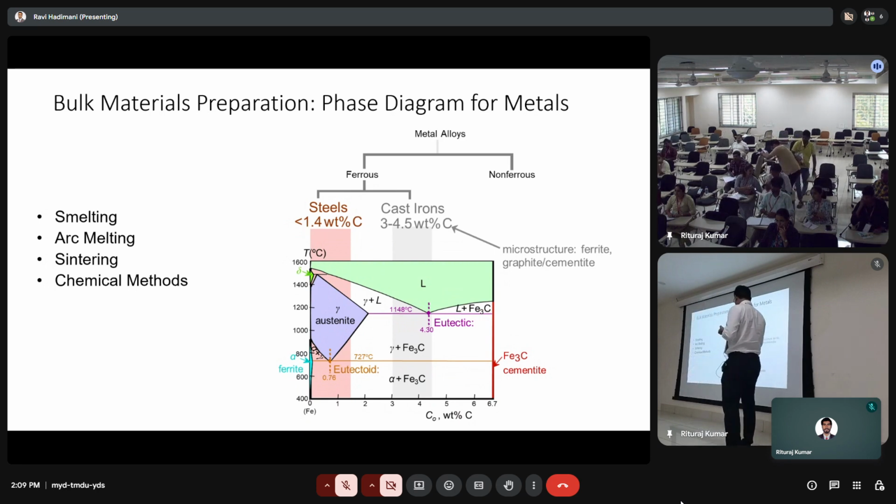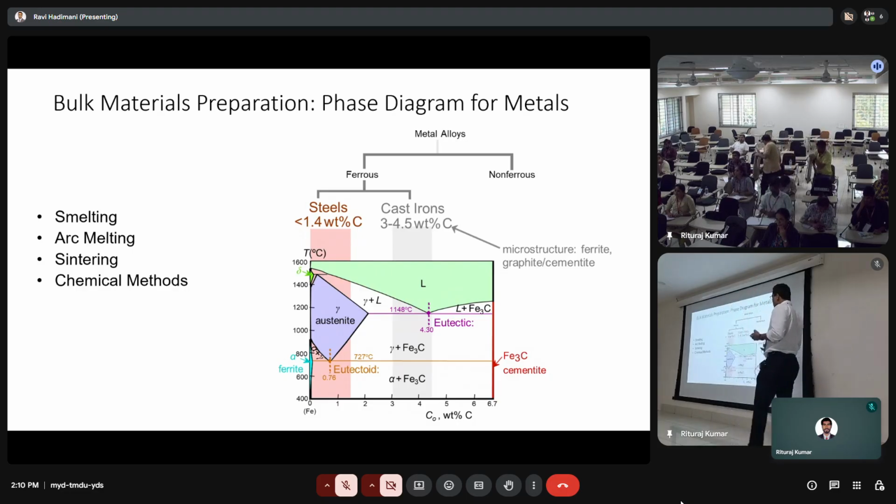There should be one more, right? Delta, where is it? Oh, here it is, delta. So if you want to make any steels or any cast iron, you need to first understand the phase diagram, and based on that, you have to determine the composition.